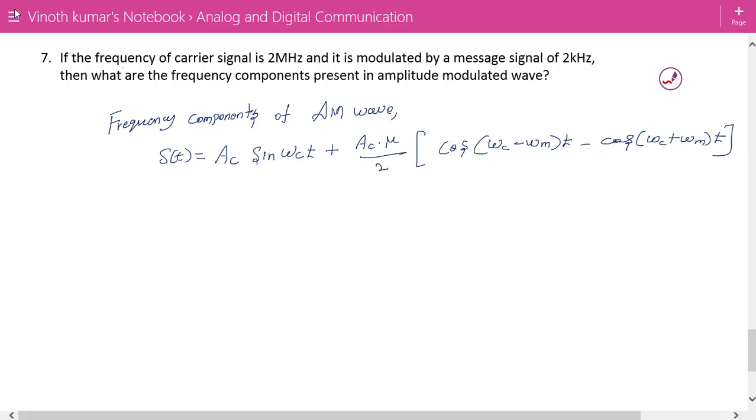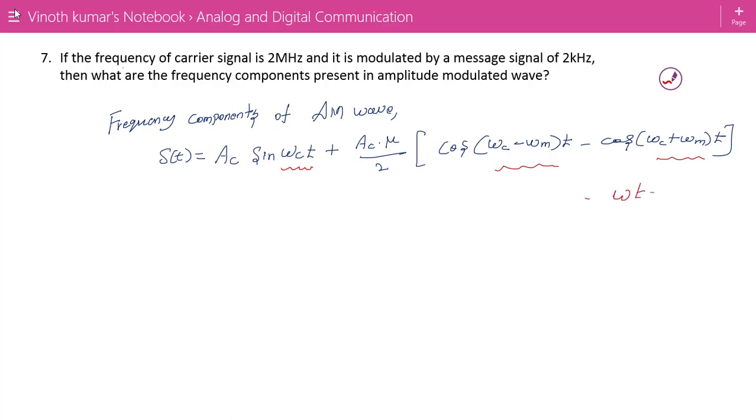So here in the modulated wave, the number of frequency components is 3: the carrier frequency, the lower sideband and the upper sideband. Omega t can be written as 2 pi f t. The given values are the carrier frequency fc of 2 megahertz and the message signal fm of 2 kilohertz.